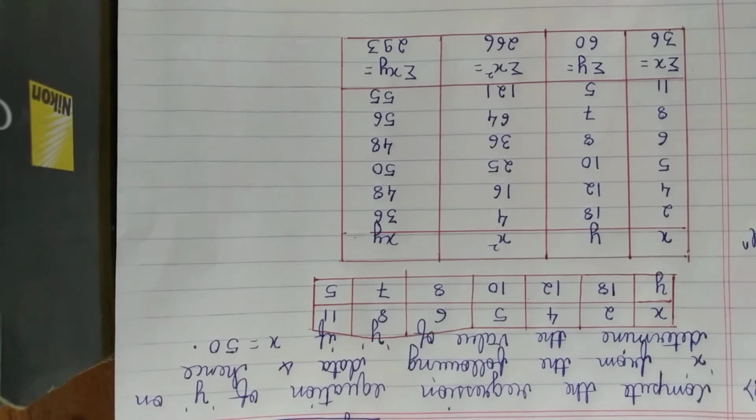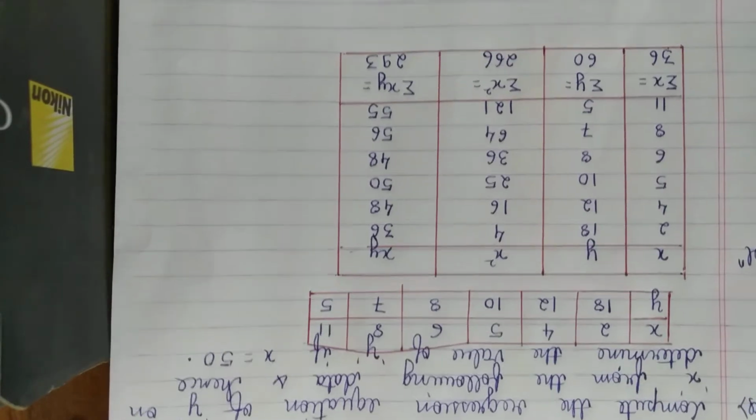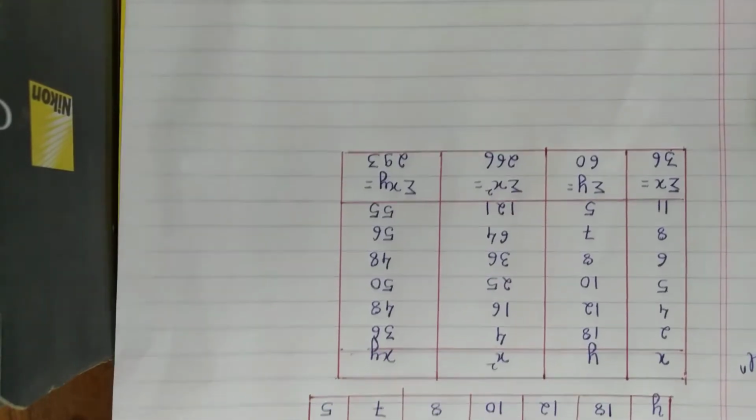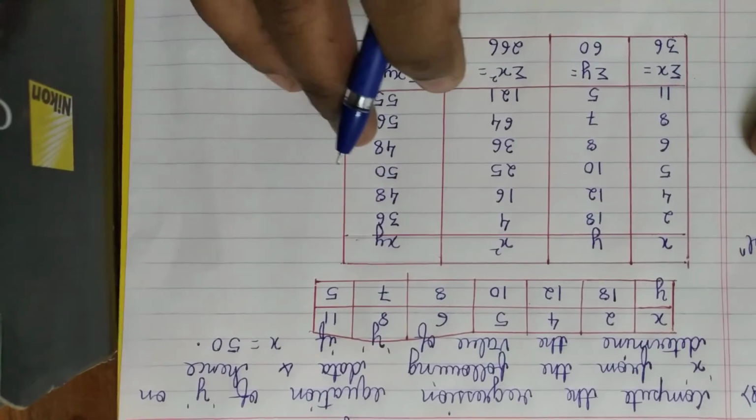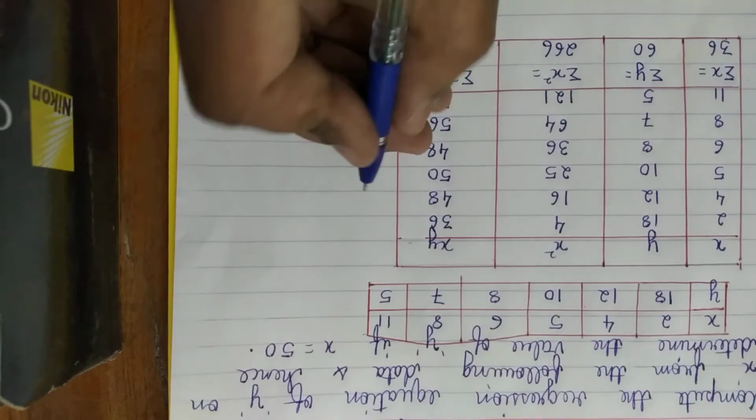So the next step is to find the x bar and y bar values. There's space here, so I'll find them out here, it becomes much easier for me.